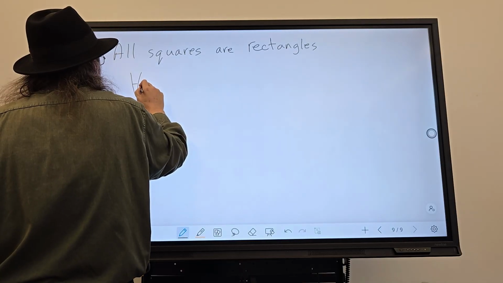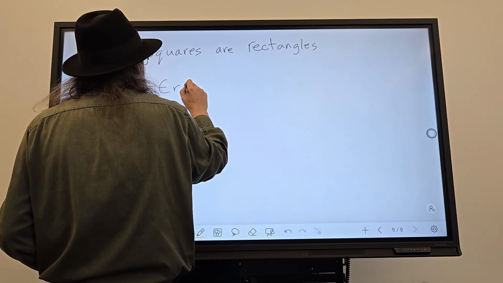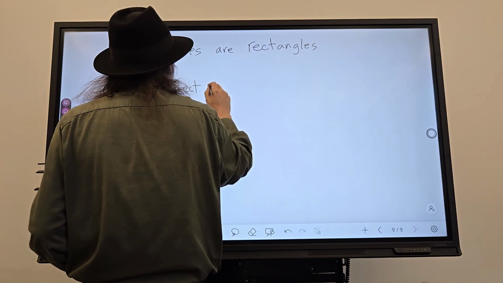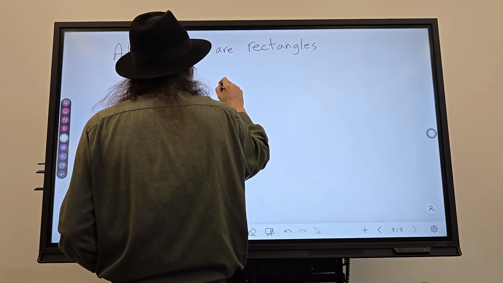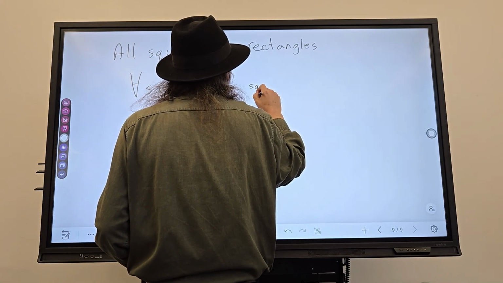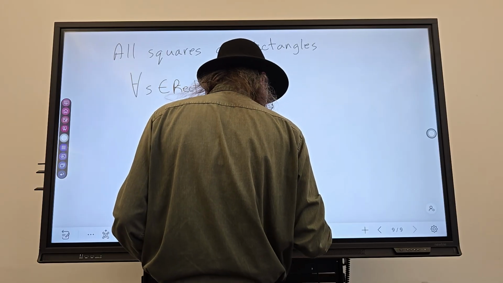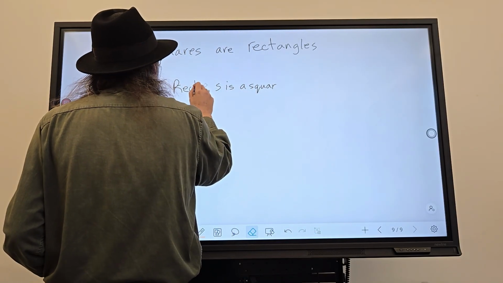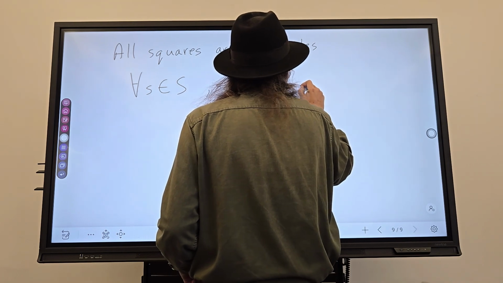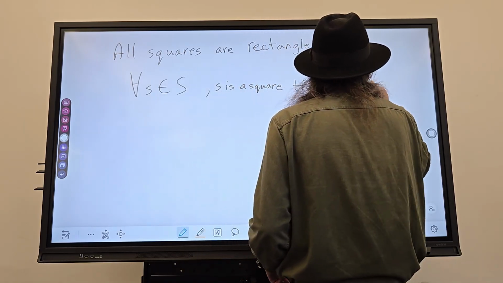For all S element of rectangles, if S is a square, for all shapes, S an element of shapes, then S is a rectangle.